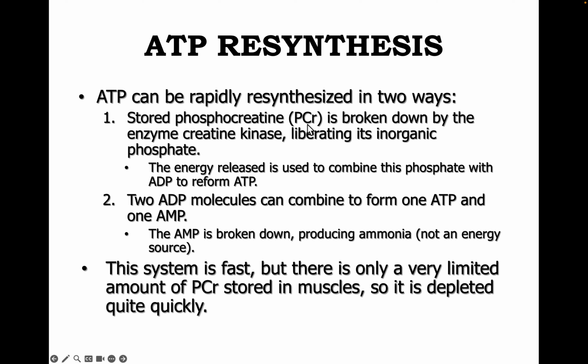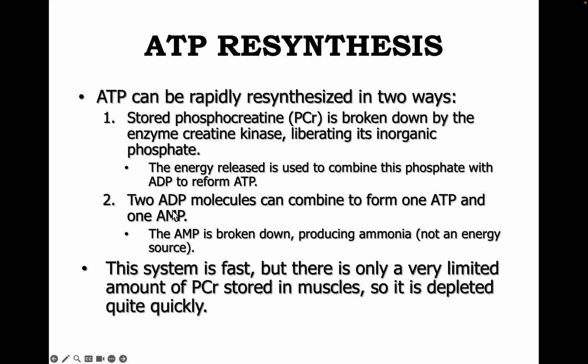So phosphocreatine, which is stored in your muscle, is broken down by creatine kinase, liberating its inorganic phosphate ion, essentially taking off this phosphate ion, and the energy released is used to combine this phosphate ion with ADP to create ATP. So that's one way we can rapidly recreate ATP.